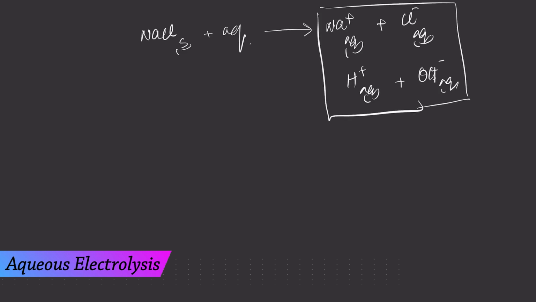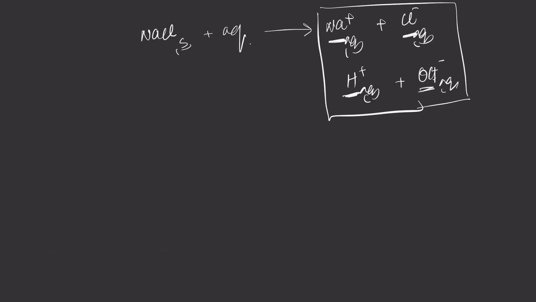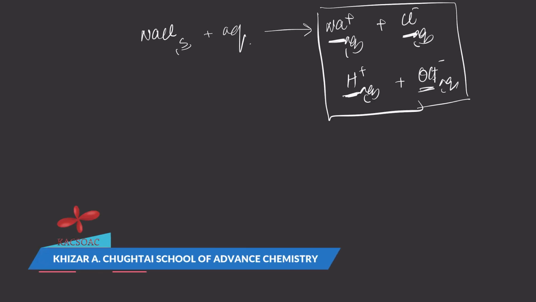So there are 4 different species, different ions, in the container: sodium ions, H+ ions, Cl- ions and OH- ions.